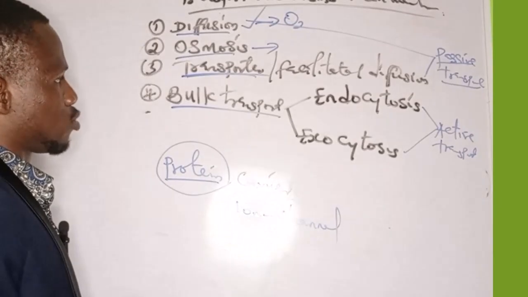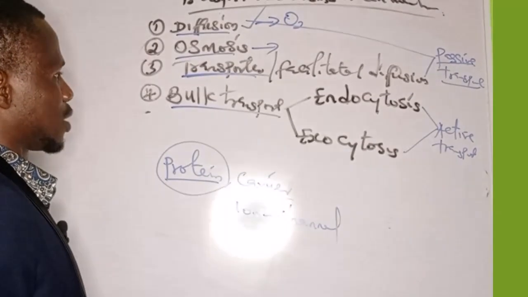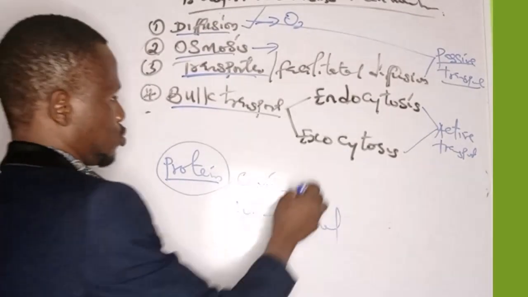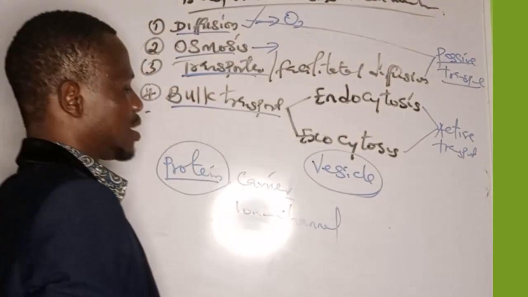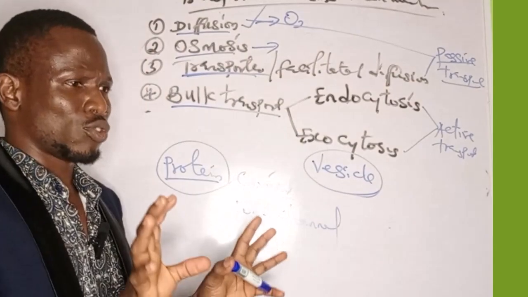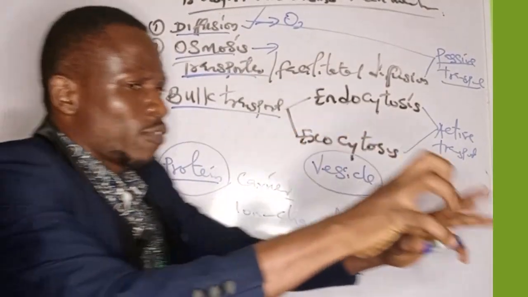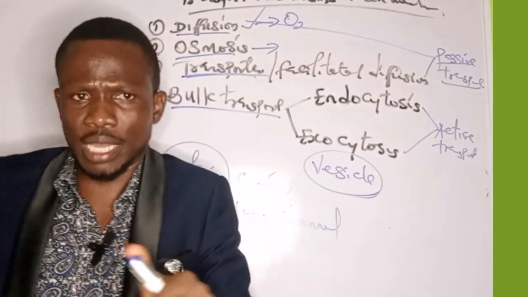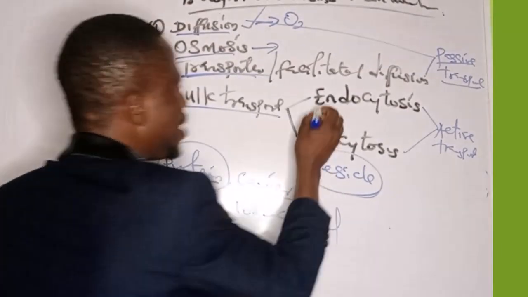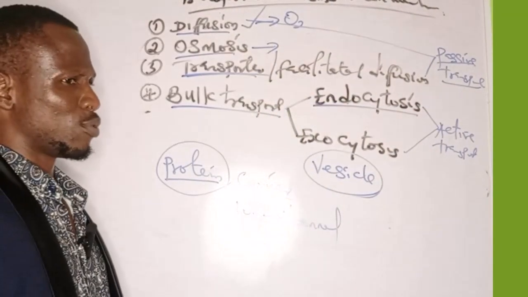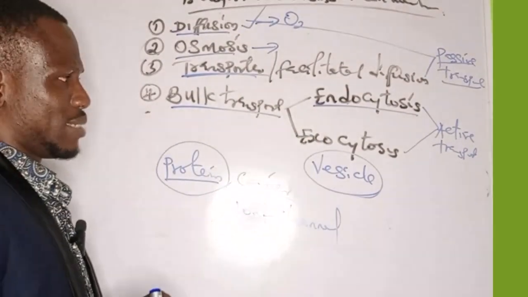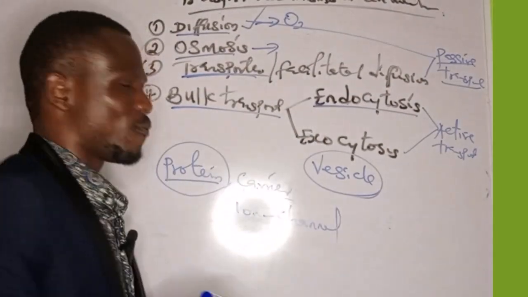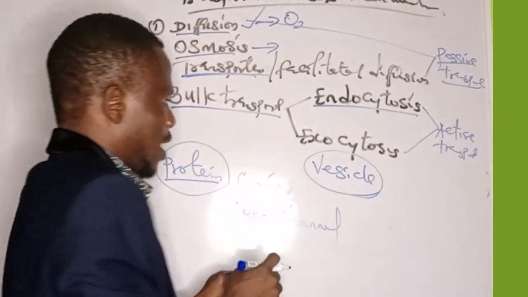Those larger molecules are transported with the aid of vessels. The vessels are formed by the membranes. The membrane forms a vessel that engulfs the material into the cells. That is endocytosis.